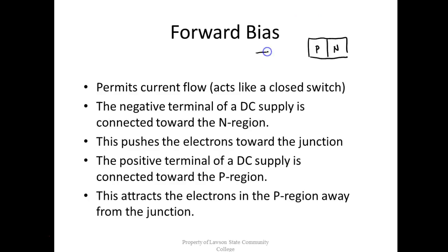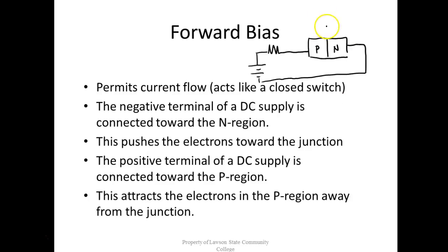Well, first of all, I'm going to have to put a resistor in here, because if I don't, I'm going to burn things up. And then what's nice is we come up here and I'm going to take a DC supply and put the plus toward the P, and take the negative and put it toward the N. Everybody okay?